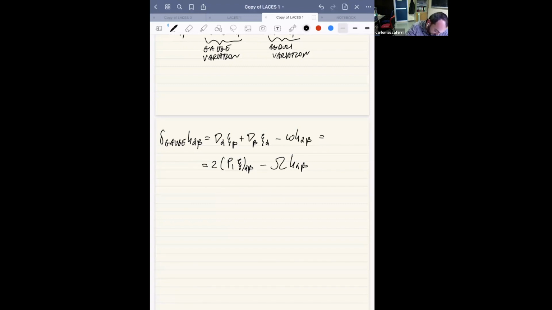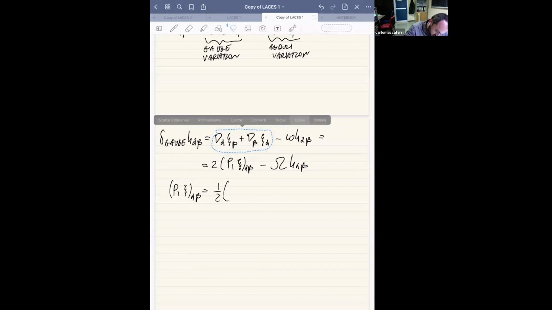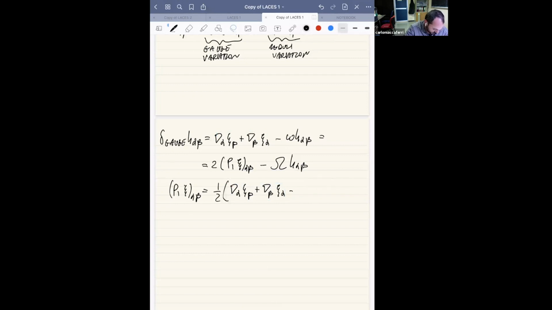So this P1 psi alpha beta is just 1/2 times this guy here, but I take out the trace because then it becomes a nicer object if I do this.